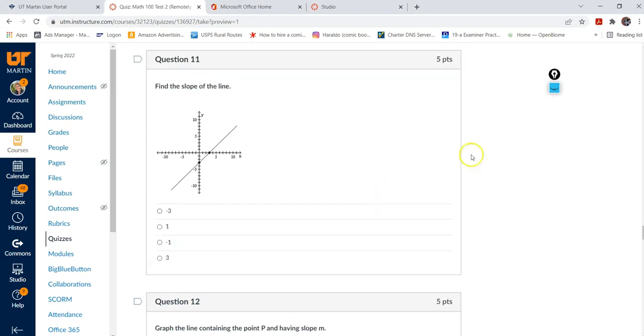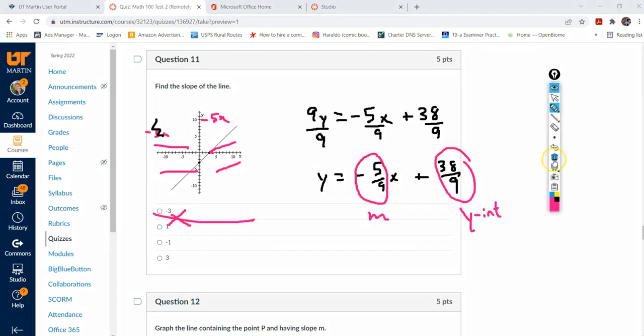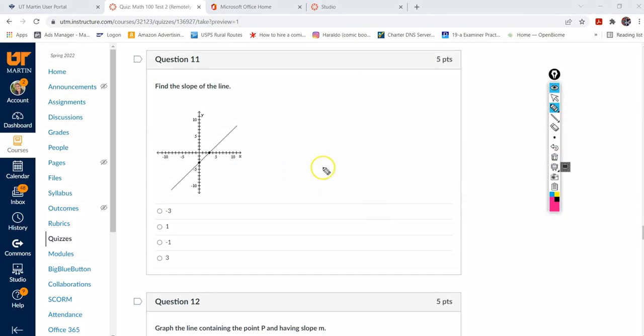Okay, we want to find the slope of the line. Well, before we were spoon-fed 2 points. Here you can clearly see 2 points that are marked on this graph. So on this graph, that is the point 3, 0. And this is the point 0, -3. Okay, so I can find the slope now.